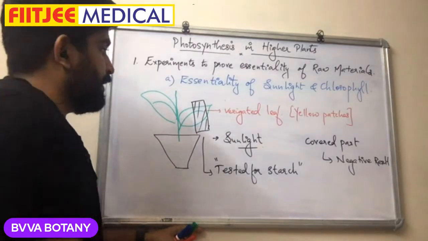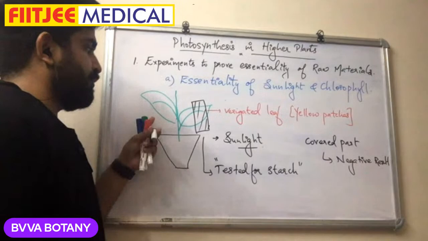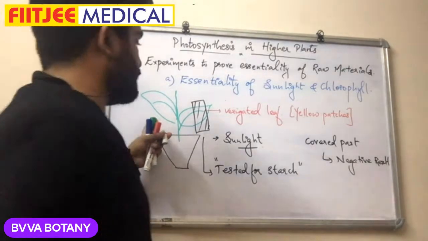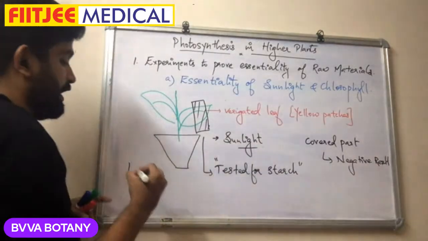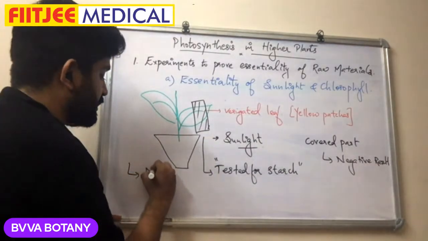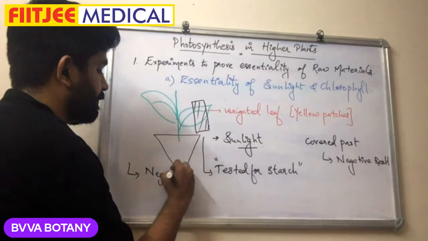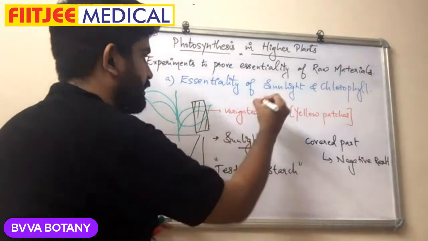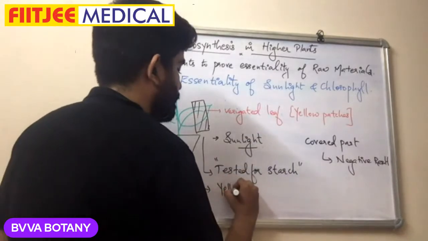Along with that, when the other leaf, which was not covered, was tested, it gave a negative result in the yellow patches.